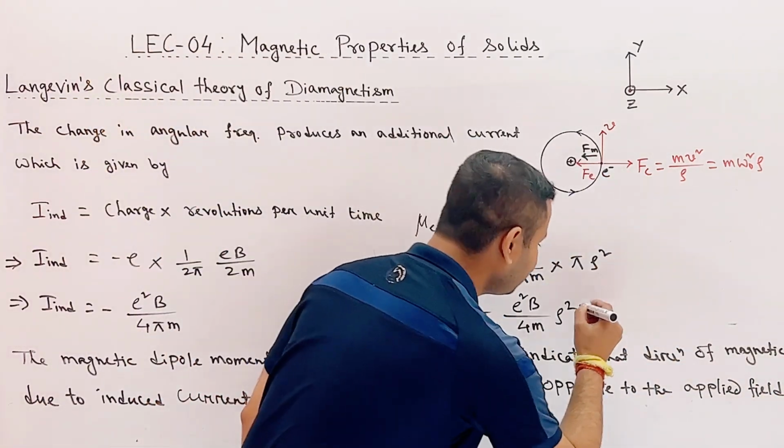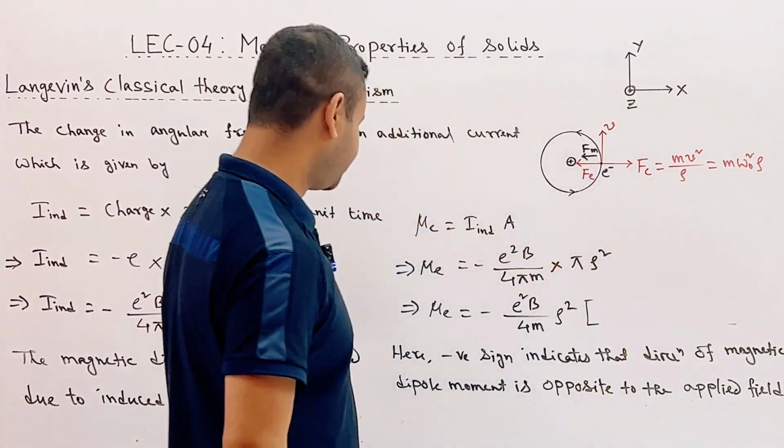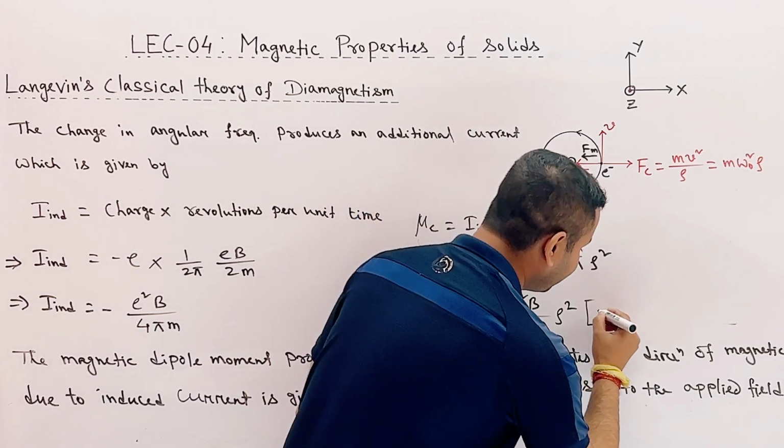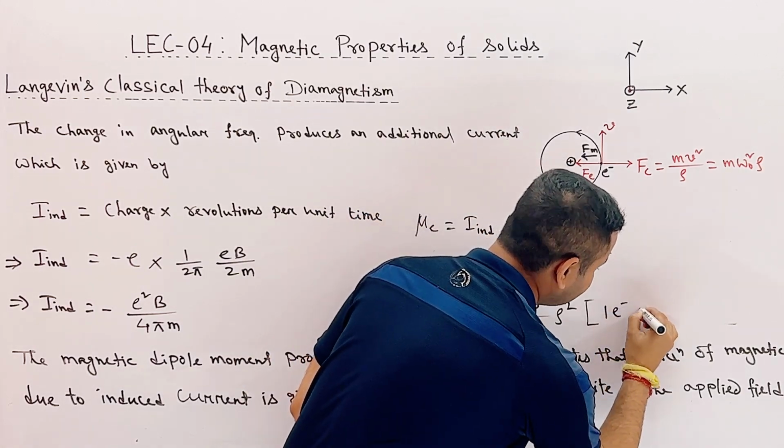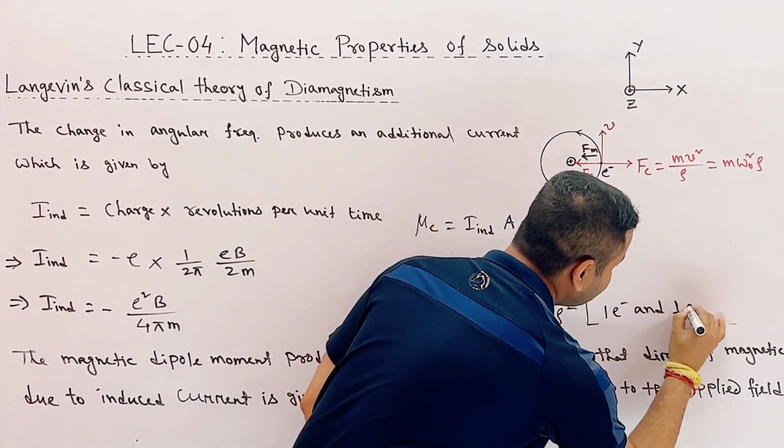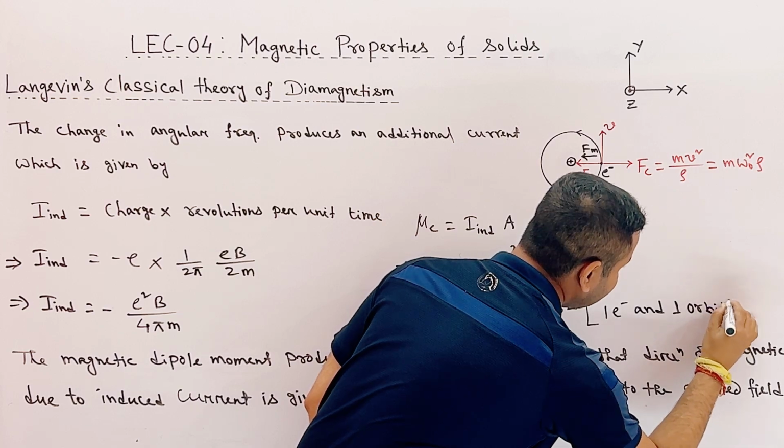Please note down that this is the expression for magnetic dipole moment for one electron and one orbit atom. ठीक है?